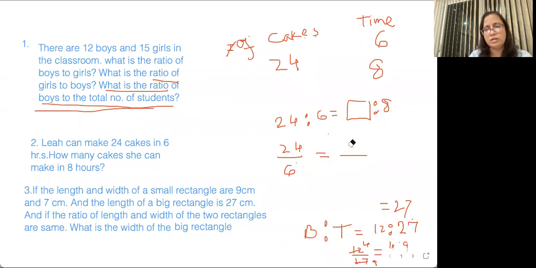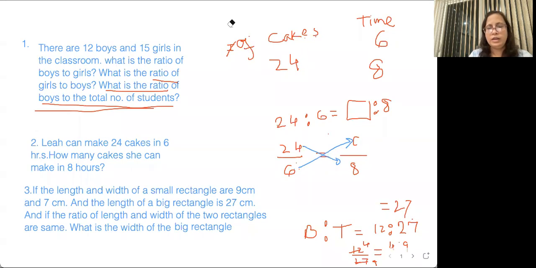Let's write it as C over 8. Okay, so let's now do cross multiply. Six times C equals 24 times 8.